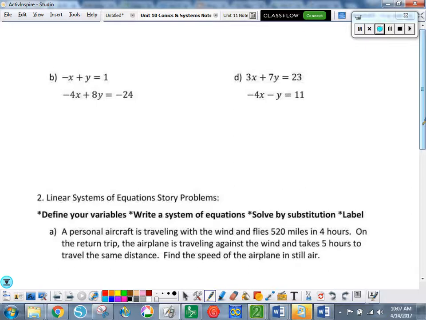Do you feel comfortable with B and D? Because of the lack of time, I don't know that we need to beat the dead horse. Do you feel like you need to do one more, or are you okay? One more. Why don't you try part B on your own. Just make sure you got it.